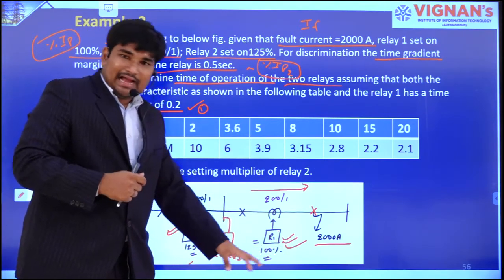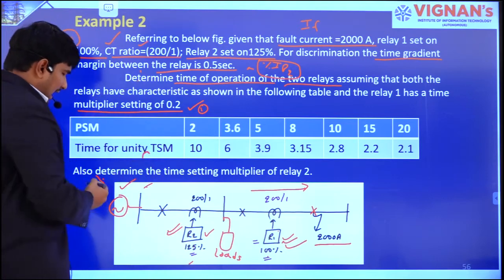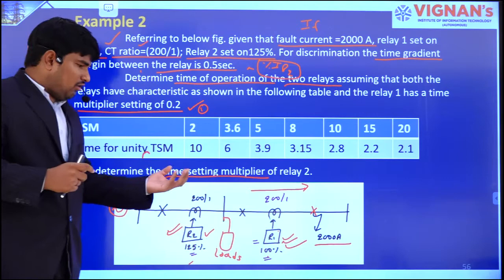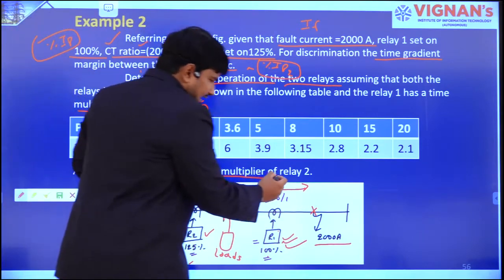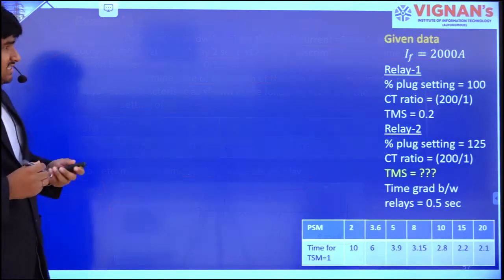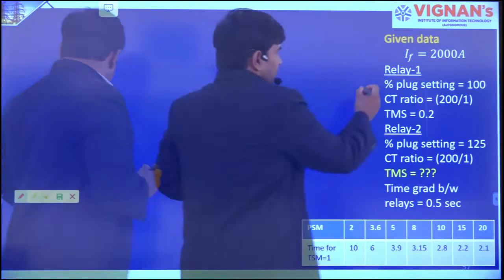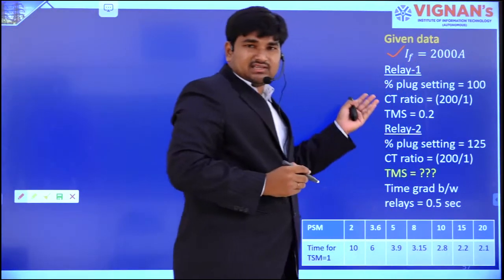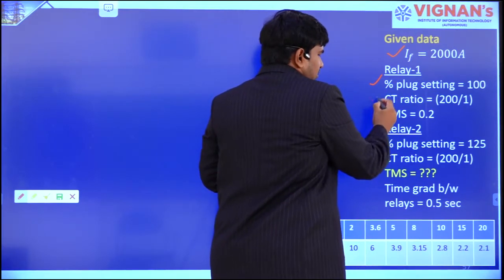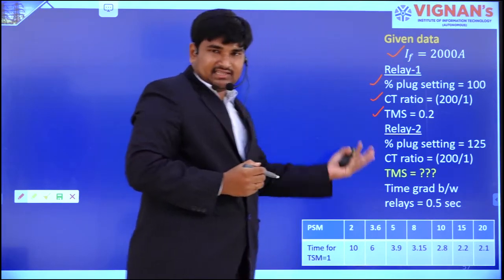Later they also ask to get the value of time multiplier setting of relay 2. So we can find how it will be. Let us see here. This is the given data they have given. Fault current is given. First for relay 1, percentage of plug setting, CT ratio, and time multiplier setting are given.